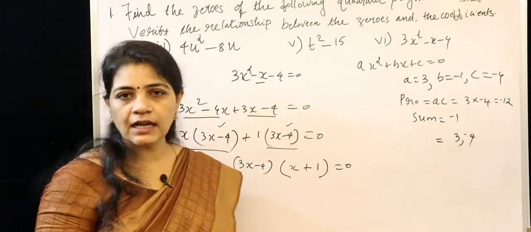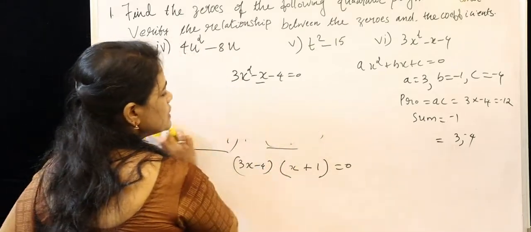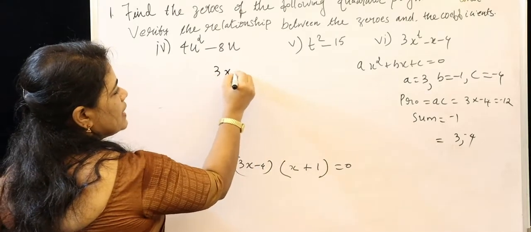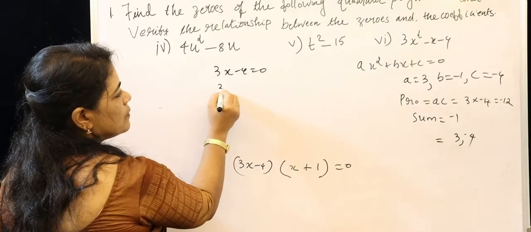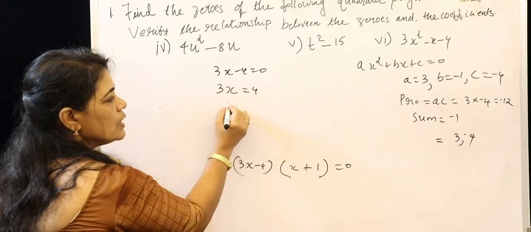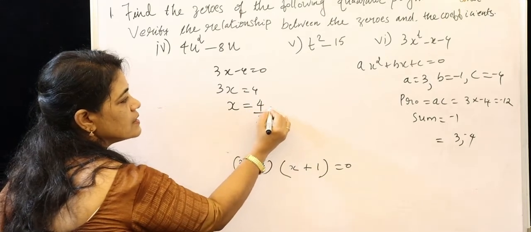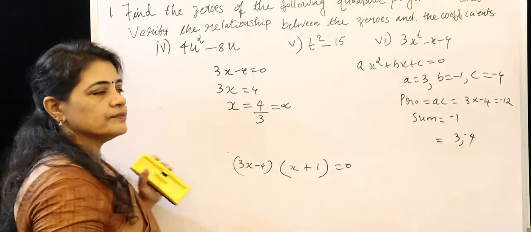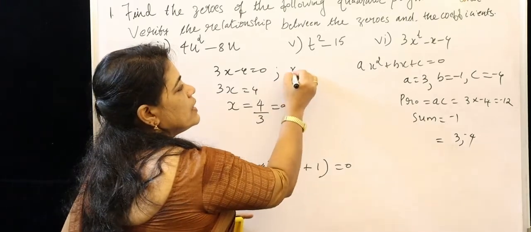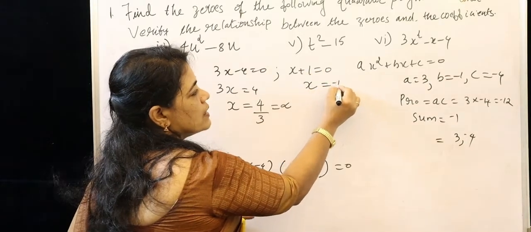In order to get alpha and beta, you can equate each factor to 0. So children, 3x minus 4 equal to 0 means 3x equated to 4, minus 4 becomes plus 4. So from this you will get x is equal to 4 by 3, and this is alpha. And the second factor, x plus 1 also can be equated to 0, that is x is equal to minus 1.